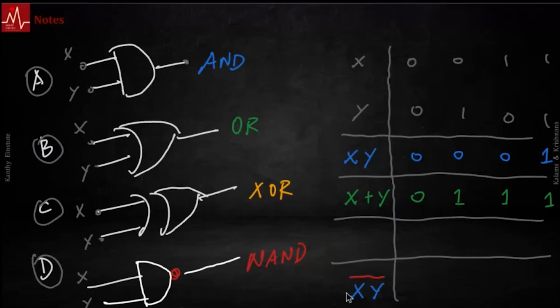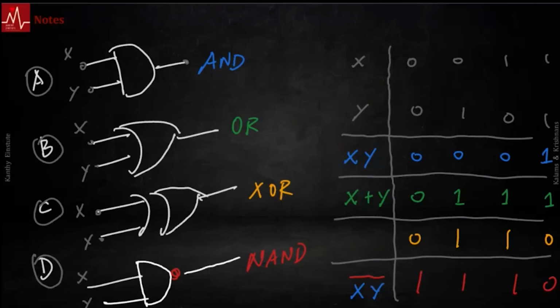Take XY, you will be NOT of this, right? So in this case, this is the complement of that. XOR, when the inputs are different, it's 1. When the inputs are the same, it's a 0.